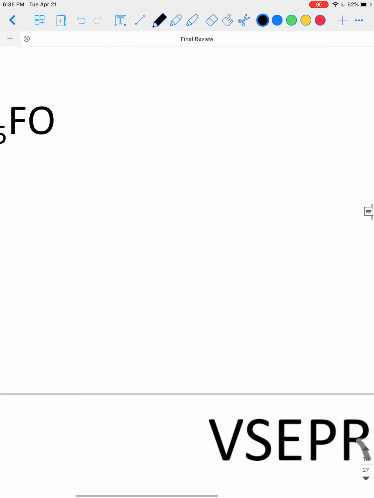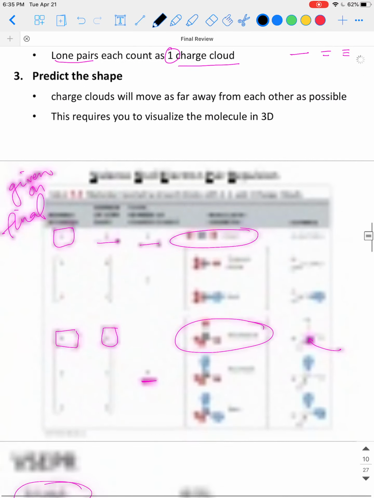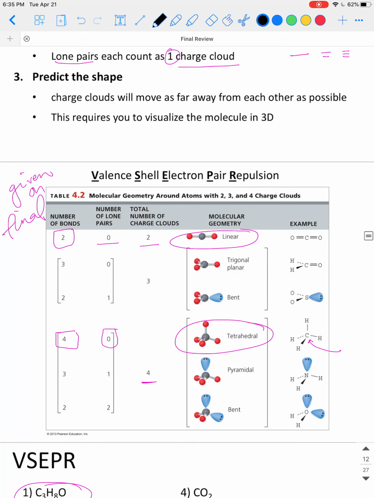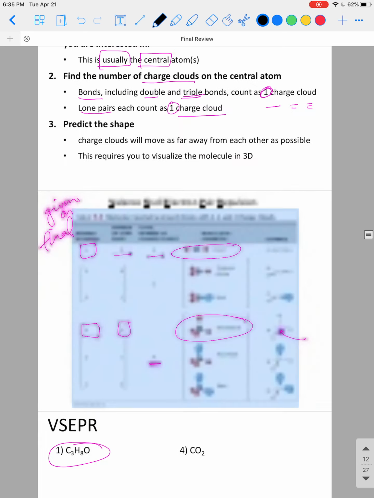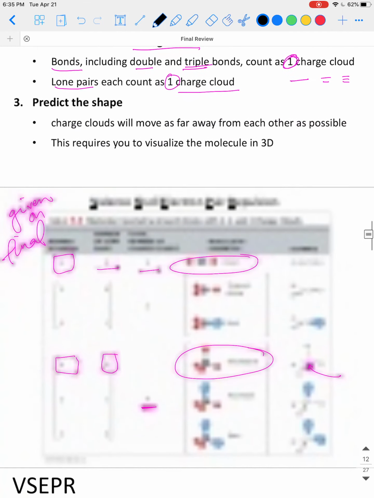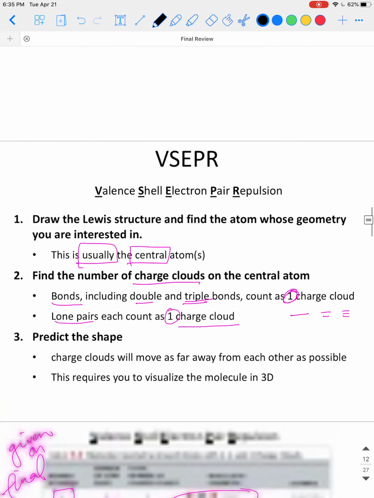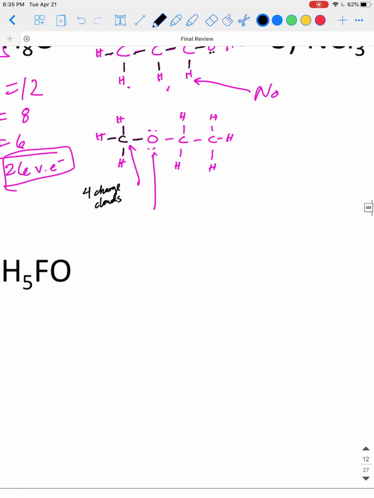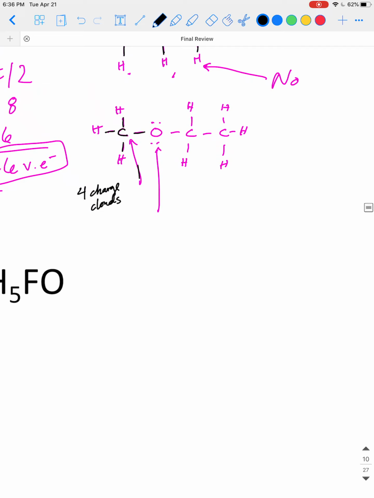Carbon will never have lone pairs, so that is 4 charge clouds. If we go back down to our table, 4 bonds, no lone pairs. That's tetrahedral. Okay, so my goodness, what is happening to our slides? They look like they got bleached or bled out like watercolor or something. So this is tetrahedral.